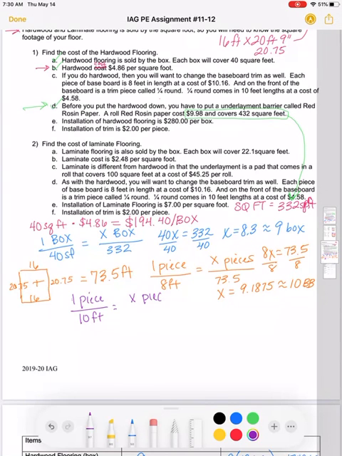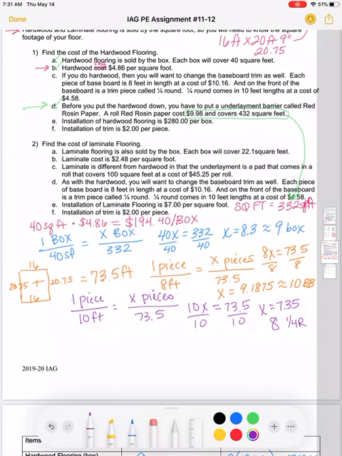I need X pieces at 73.5. And since I know that this is going to end up being divided by 10, I'm going to need 7.35. The nice thing about dividing by 10 is you just have to move your decimal. So X is 7.35. I can't buy 0.35 pieces of quarter round, so I need 8 pieces of quarter round.